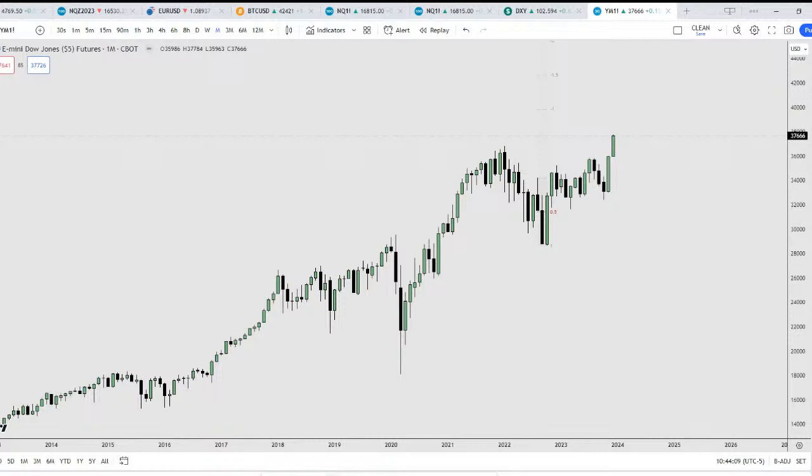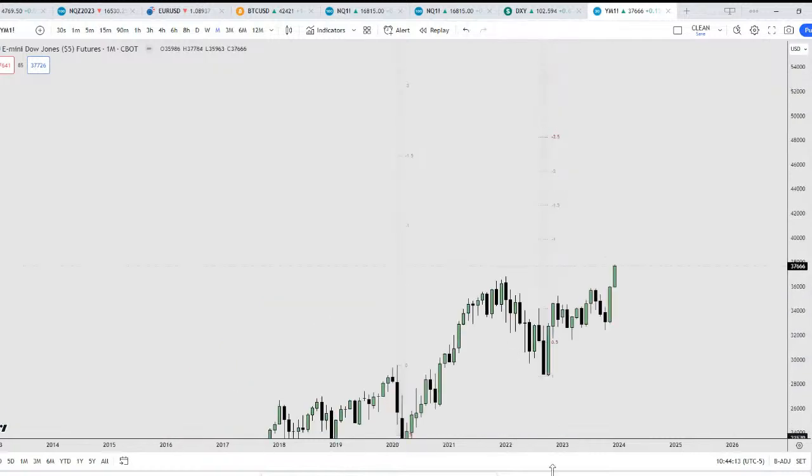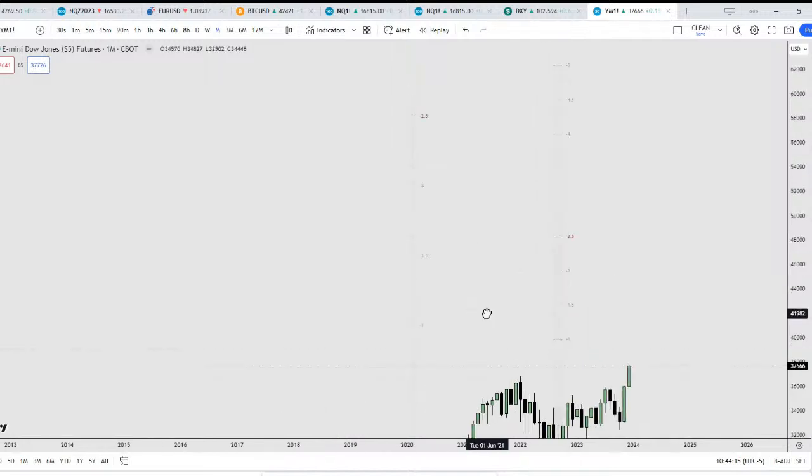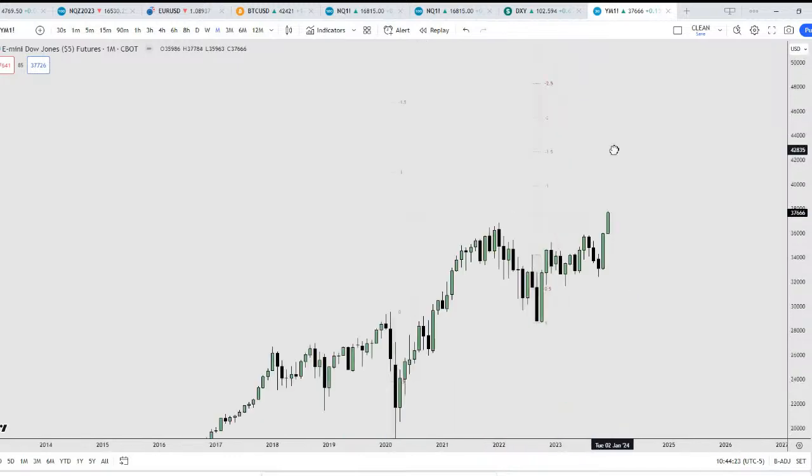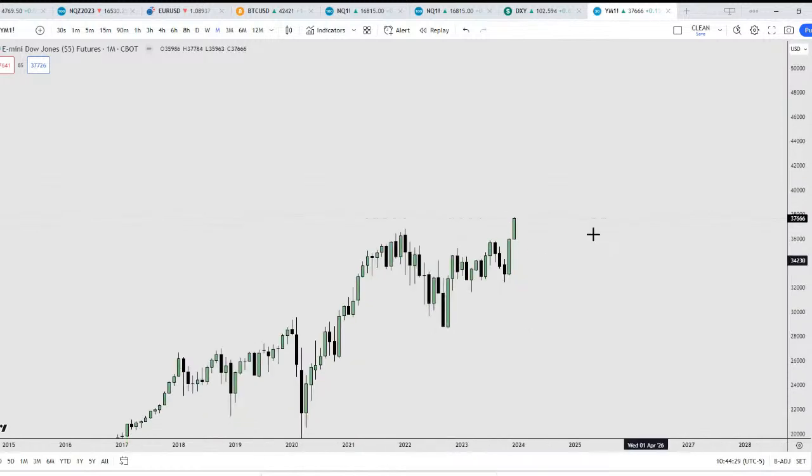Okay, COVID lows. Well, is it gonna reach that high? I'm not too sure, man. But I don't really have a good read on Dow Jones, so I'm just observing.